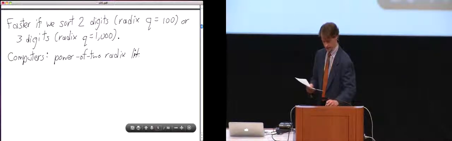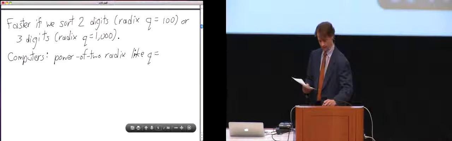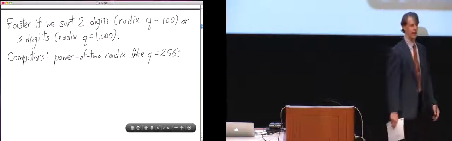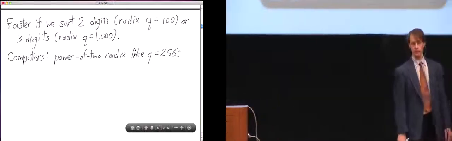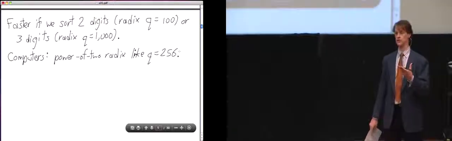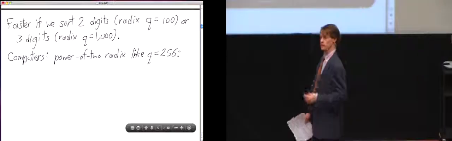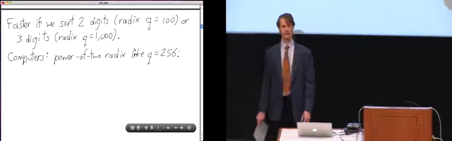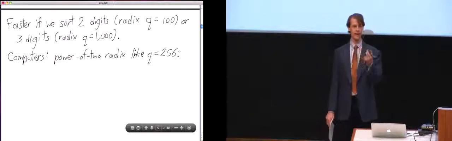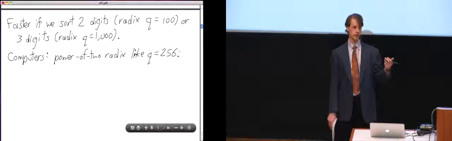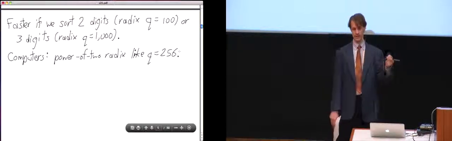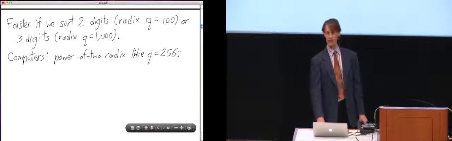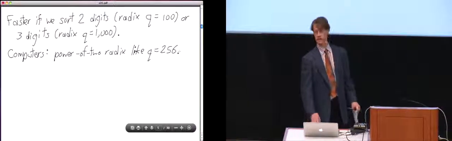So if you sort your keys 1 byte at a time, meaning 8 bits at a time, meaning you're using a radix of 256, then that means you create 256 buckets for your bucket sort, and you use that to sort. And it turns out it's much faster for computers to extract 1 byte at a time from a number than it is for a computer to extract a base 10 digit at a time from a number. Because you can get the base 256 bytes just by doing bit operations, which you'll learn about in CS61C.